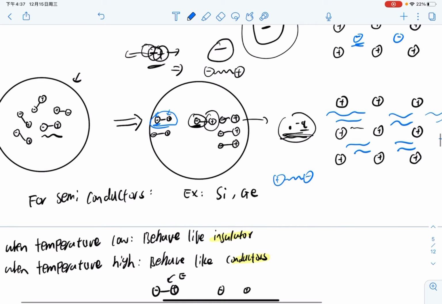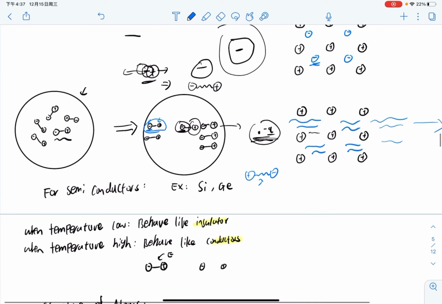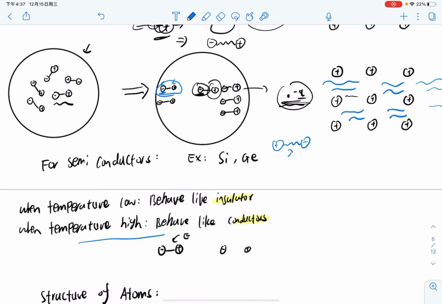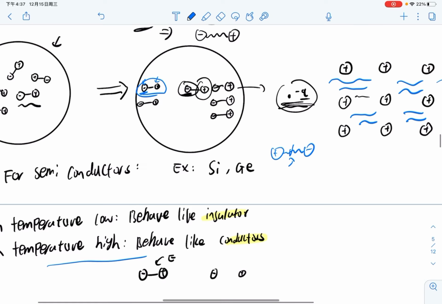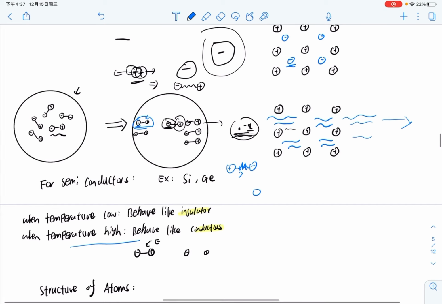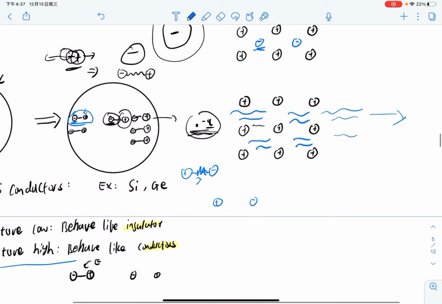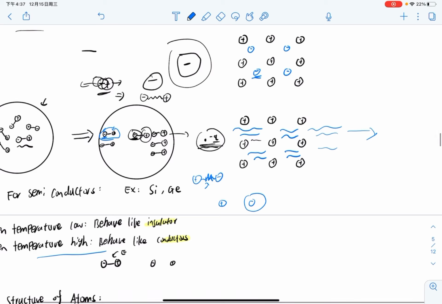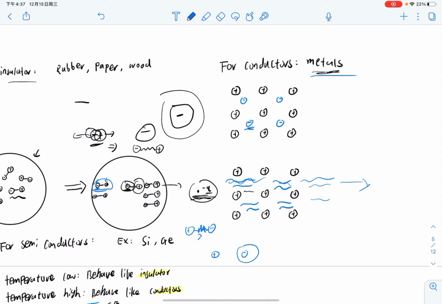It is not exactly a string, but you can visualize the attraction as a string. But when the temperature is high, that string will break. So now the positive and negative are separated, and the negative charge electron can move like water, which is similar to the metals.